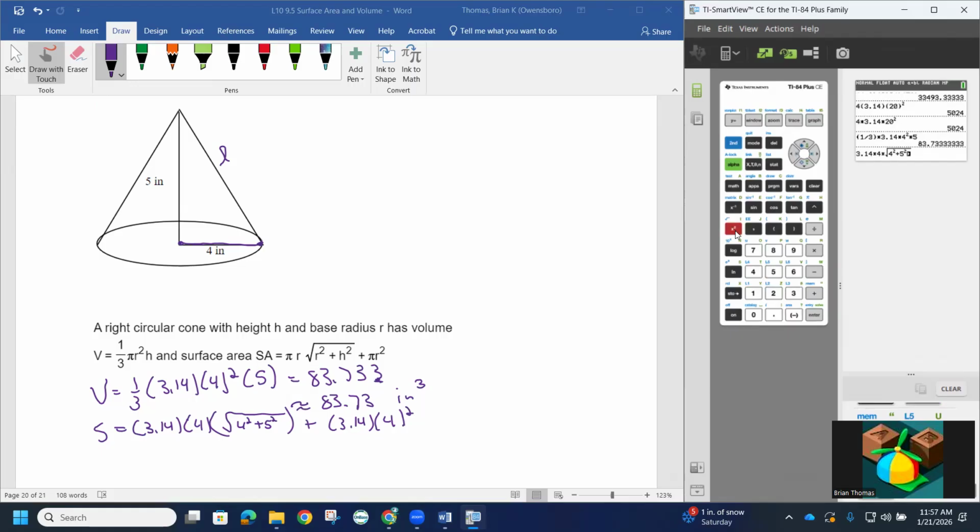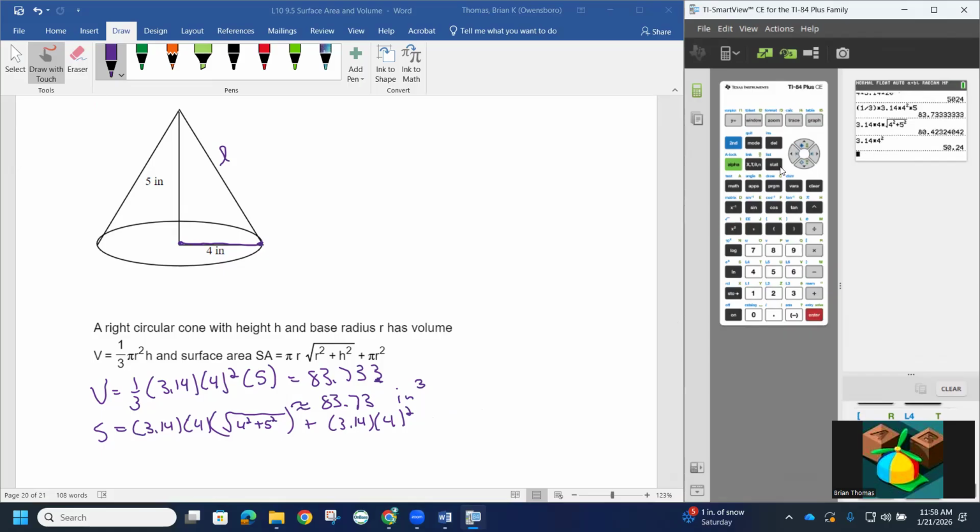Now, if you don't want to do the whole thing, you can just hit enter here, and that's going to be the area of the lateral face, if you will. If I now want to do pi r squared, so 3.14 times 4 squared, that'll give me the area of the base.